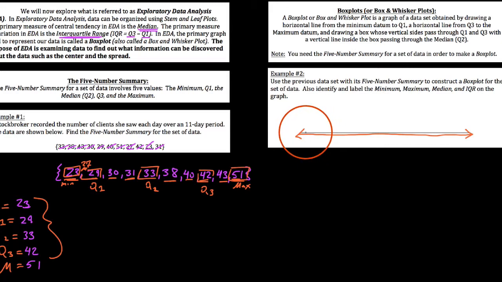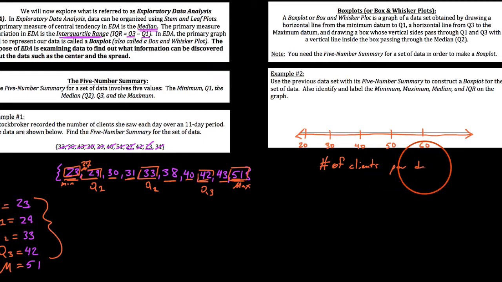So I'm going to start at 20, and we say 30, 40, 50, 60. This isn't very well constructed because you usually want to use the whole number line, but we want to label this as the number of clients per day. And this was over an 11-day span, so you could write that in here.